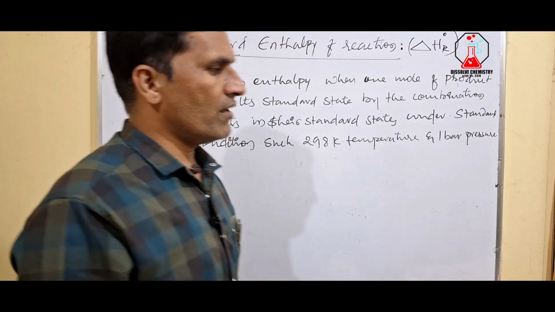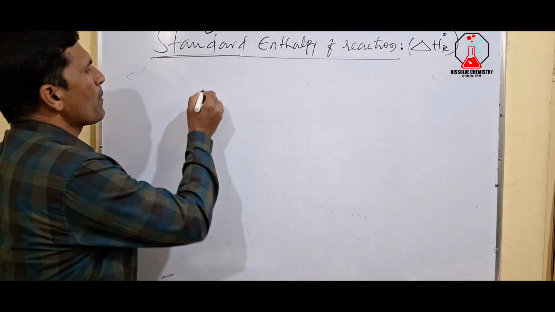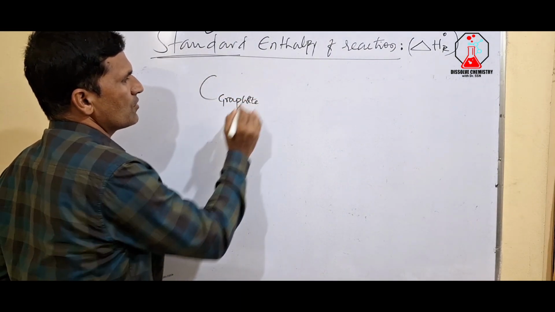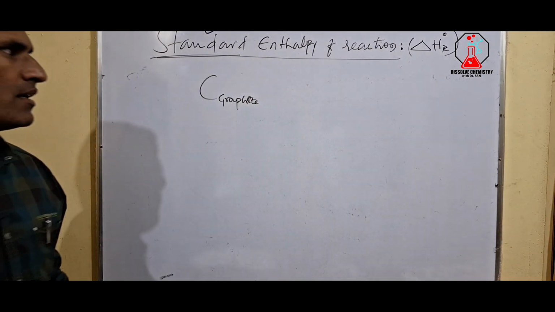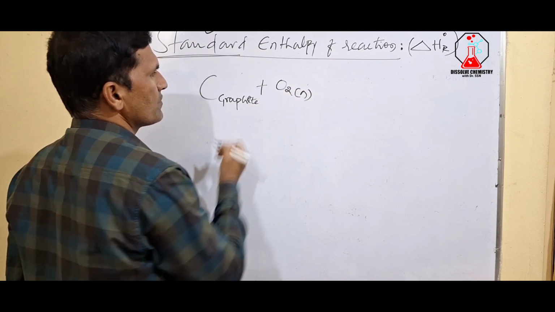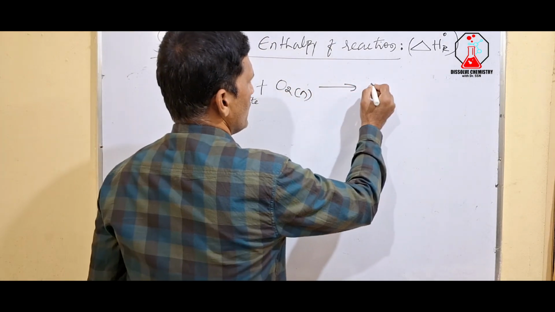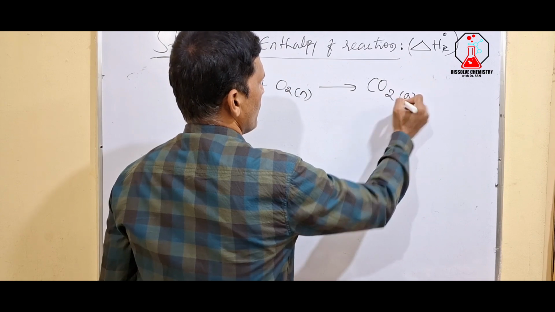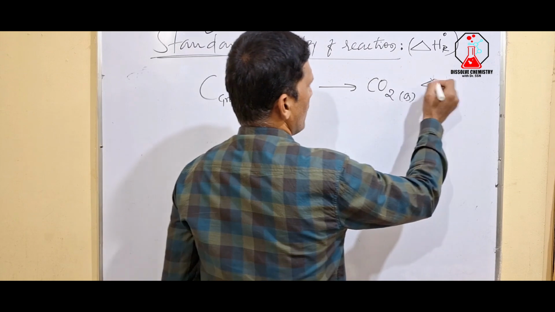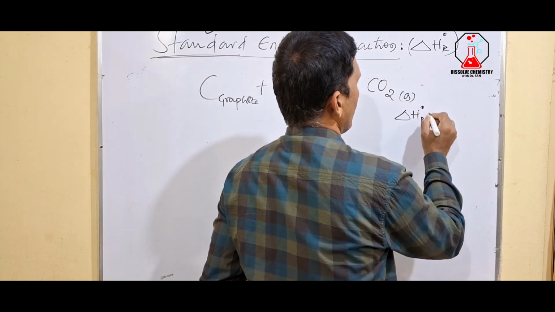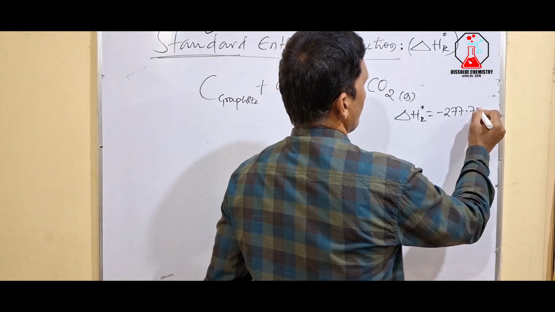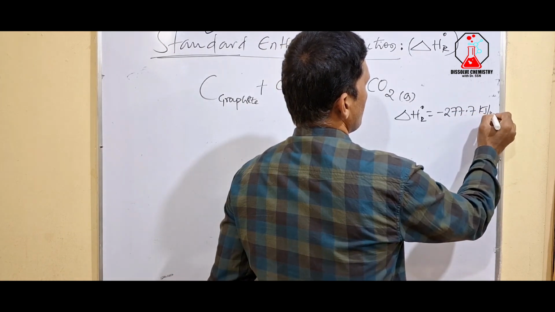Okay, so we will take one example. Carbon graphite, because it is considered to be the most stable state at room temperature, plus O2 gas to give CO2 gas, 1 mole of the product we will get, right? So the change in enthalpy, delta H naught of the reaction, is equal to minus 277.7 kilojoules per mole.